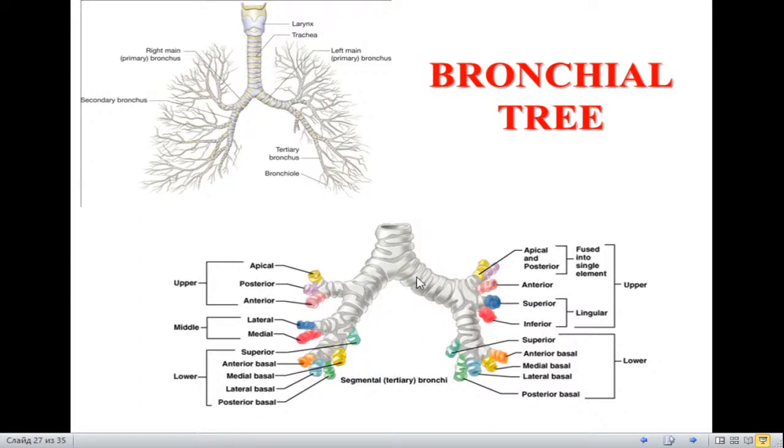The left main bronchus is more horizontal. That's why foreign substances which pass through the glottis most often can be found in the right main bronchus.